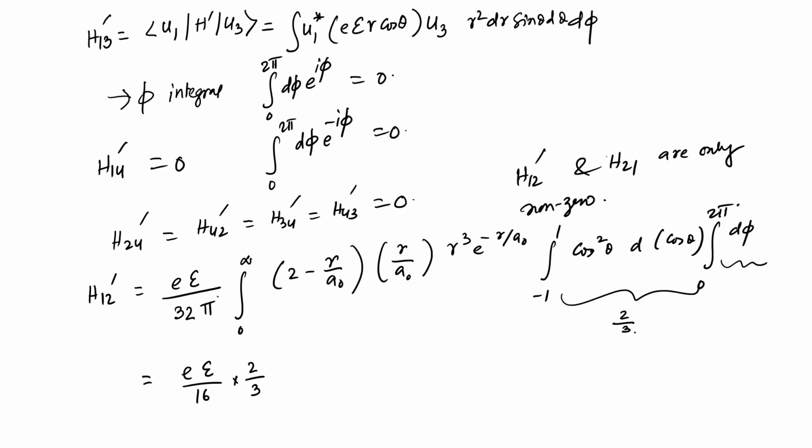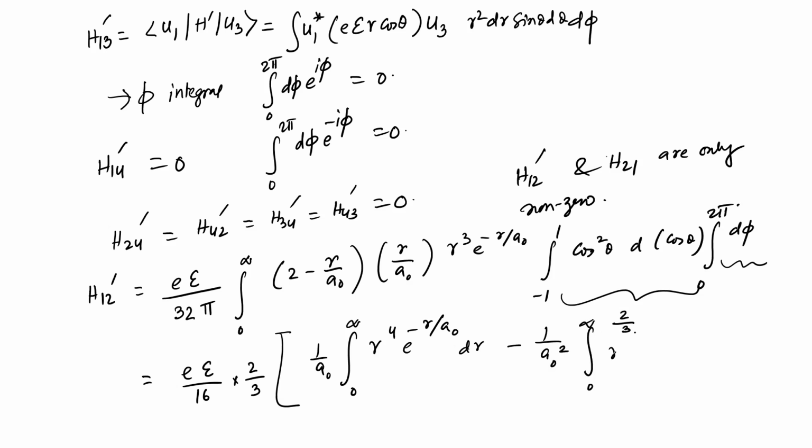So, 2 pi cancels with this pi here and makes it a 16 in the denominator, and now we have 1 over a naught, the integral from 0 to infinity of r to the power 4 e to the power minus r by a naught dr, and minus 1 by a 0 square, the integral from 0 to infinity of r to the power 5 e to the power minus r by a 0 dr and so on.